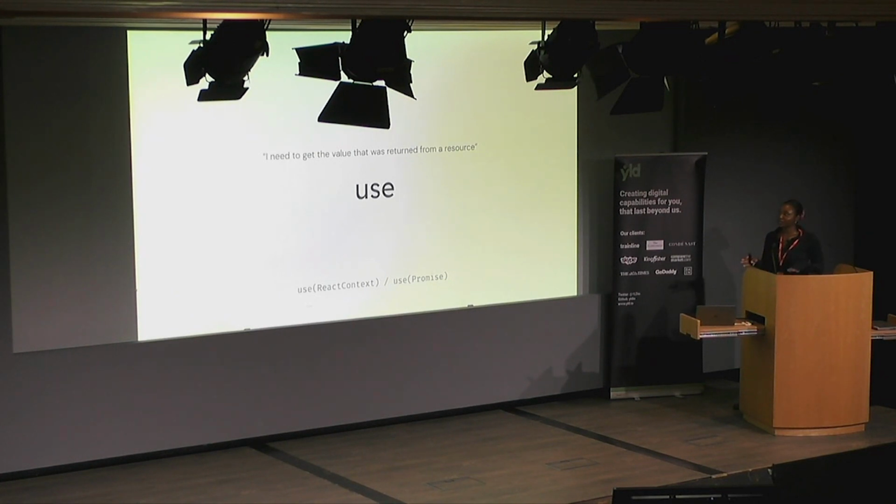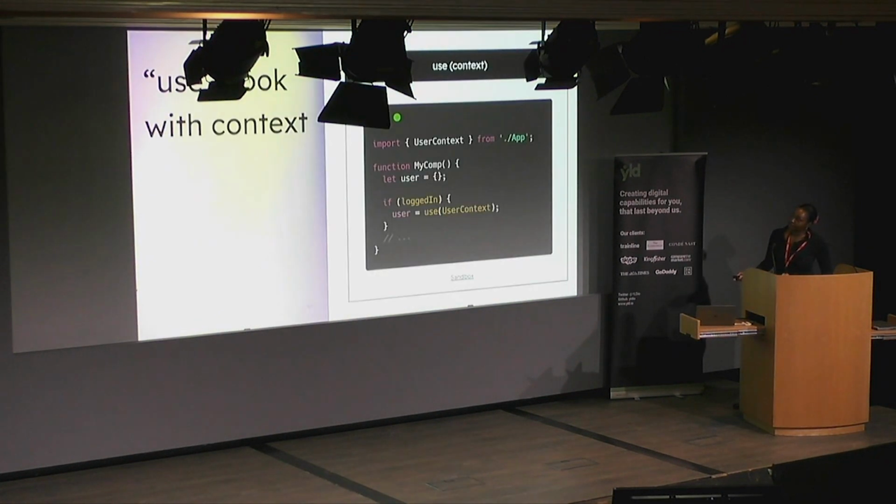So essentially what this hook does is it returns a value from a resource that needs to be resolved. A promise needs to return a value, context needs to return a value, you could use this hook. So this is it being used for the purpose of context. Again, we saw the useContext hook, and this replaces that completely.